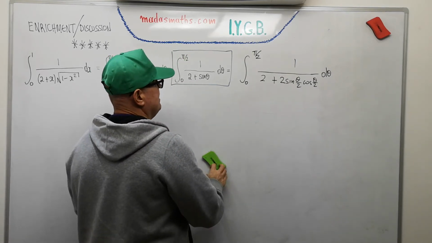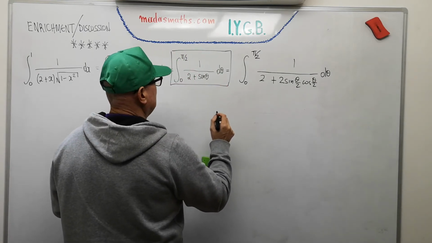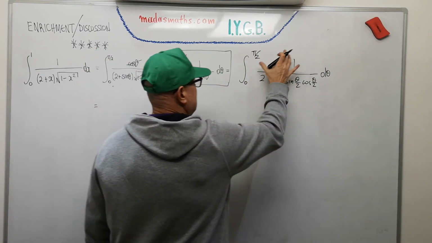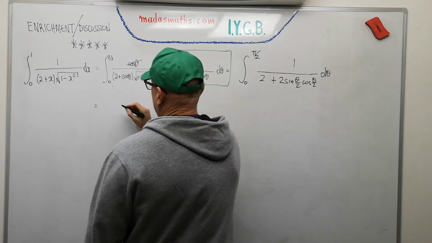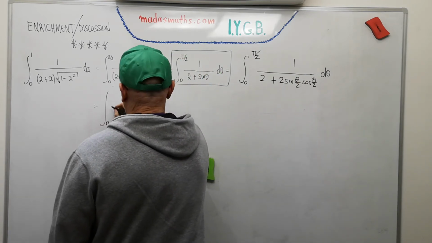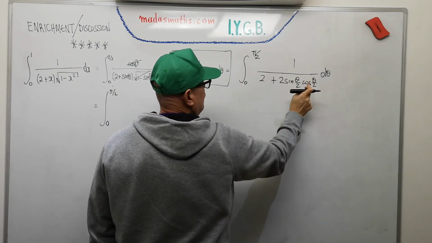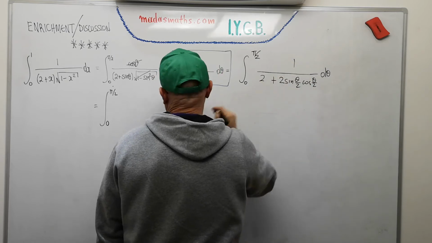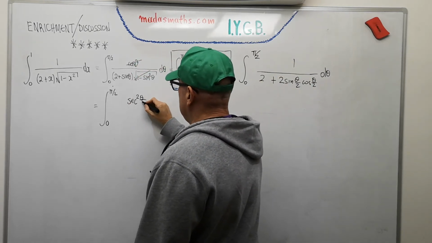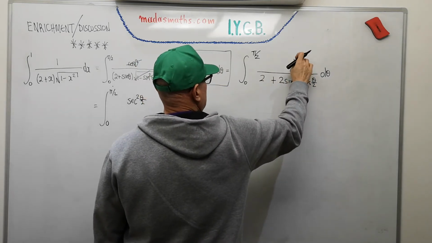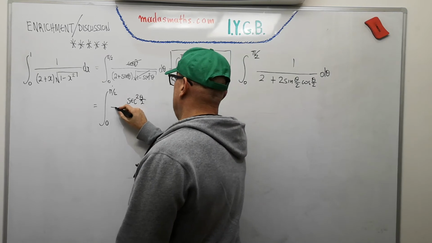So how am I going to create this scenario? Well, I'm going to divide top and bottom of this integrand by cos squared of theta over 2. I hope you can see what will happen in there. If I divide by cos squared of theta over 2, the numerator will become sec squared of theta over 2. You can think of it also as multiplying top and bottom by this quantity. It's equivalent.